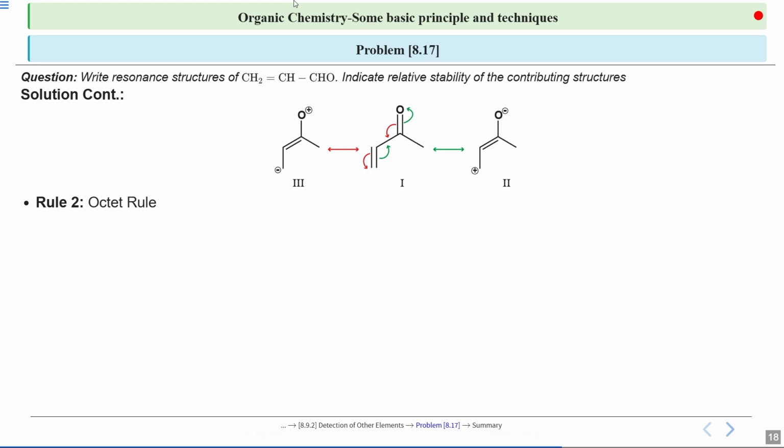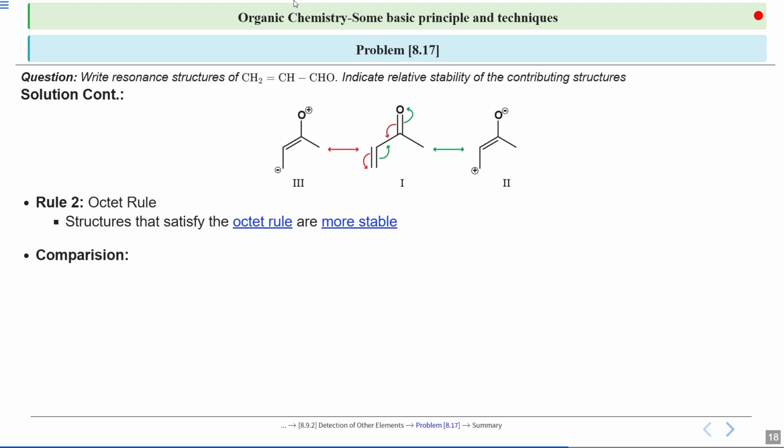Structures that satisfy the octet rule are generally more stable. This is because having a complete octet allows atoms to achieve a noble gas configuration, which is energetically favorable. Keep this rule in mind as we compare the different resonating structures.